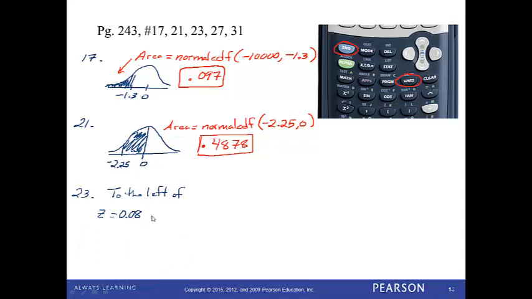So I can think of it like a bell curve though. If I had a bell curve, I know that 0.08 is on it, right? And I have a line. And then they tell me to the left, so I'm shading everything to the left of it. Therefore, the lower limit is negative 10,000 and the upper is 0.08. So you're still going to your normal CDF.